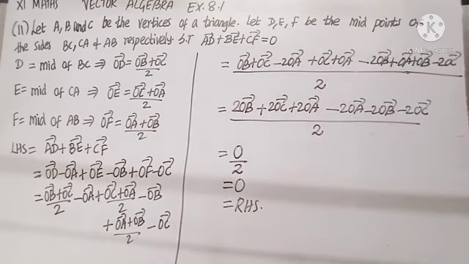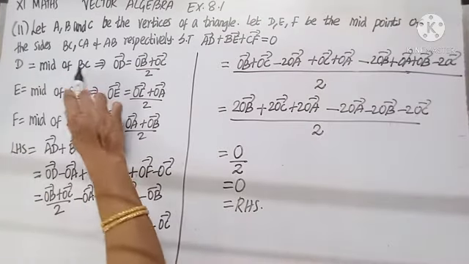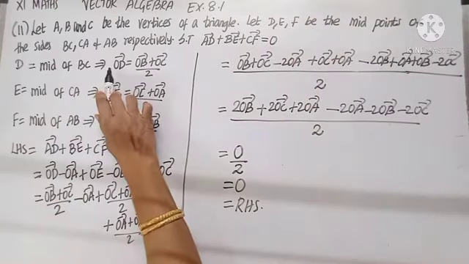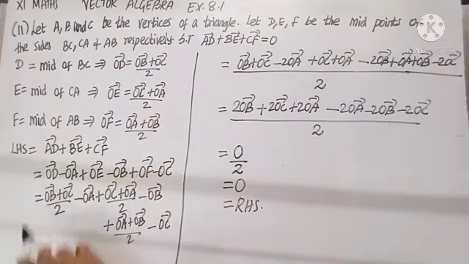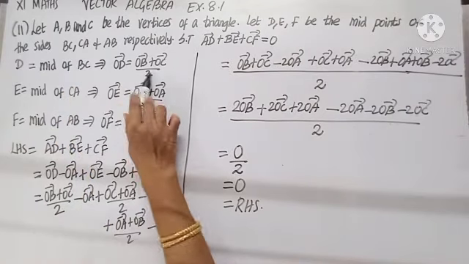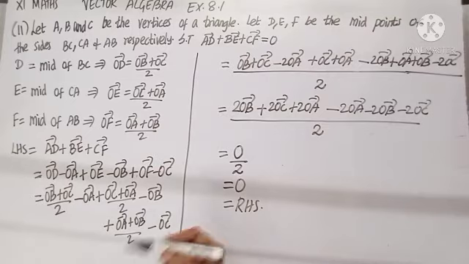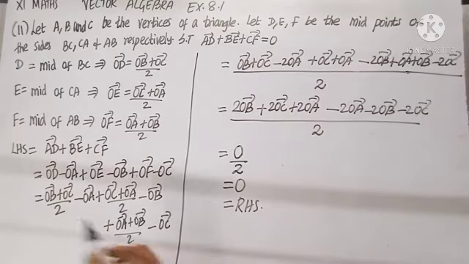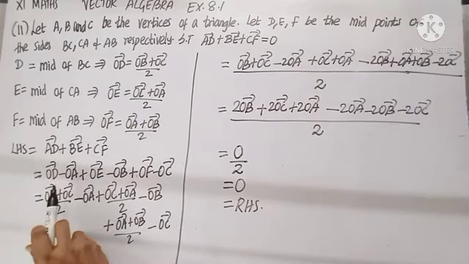So these are simple problems based on the midpoint formula. Whenever D is the midpoint of BC, remember O is the origin of reference. So OD vector is OB plus OC by 2. In the same way we have written the others. The next formula to remember is, when I want AD vector, second minus first, use your position vector.